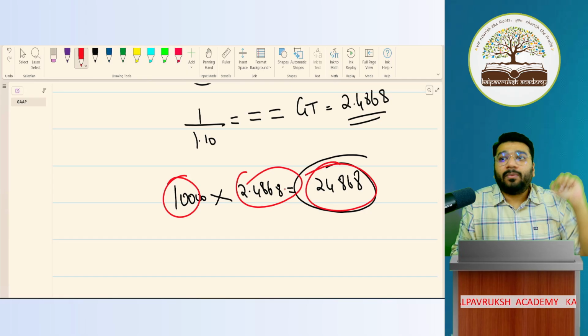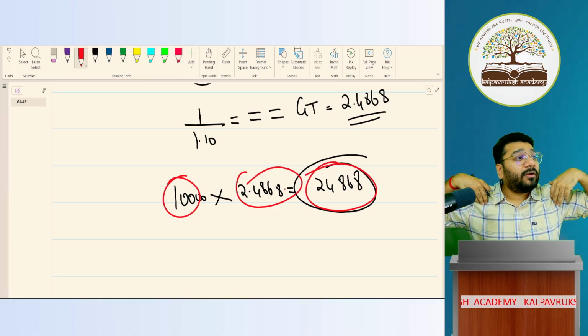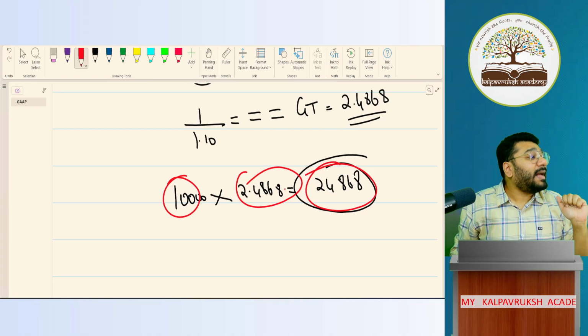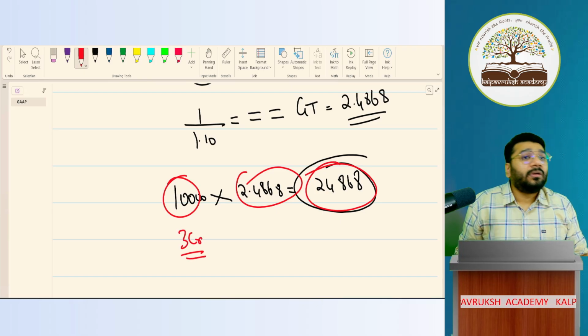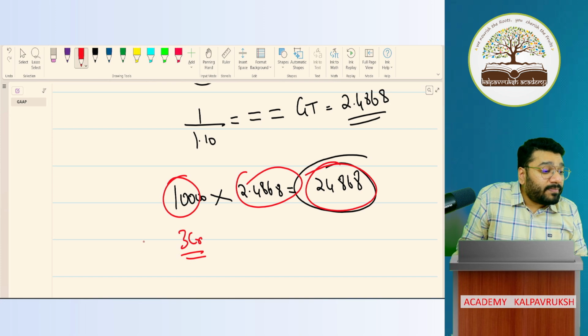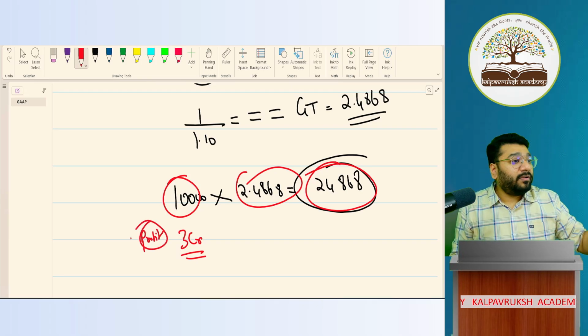Now I'm applying the same concept. If I use this building for the next 3 years, I will make 3 crore per year. This is my future profit, future cash flow.